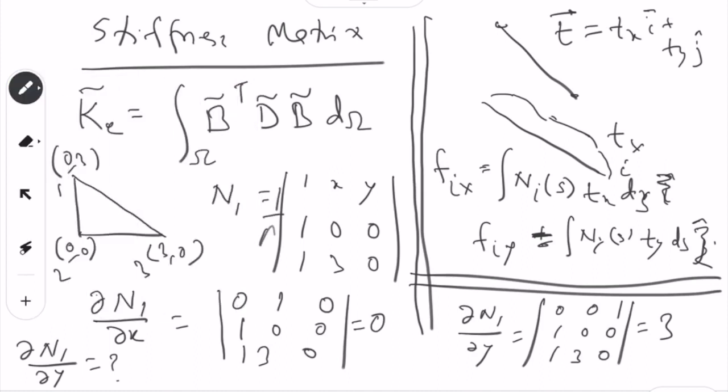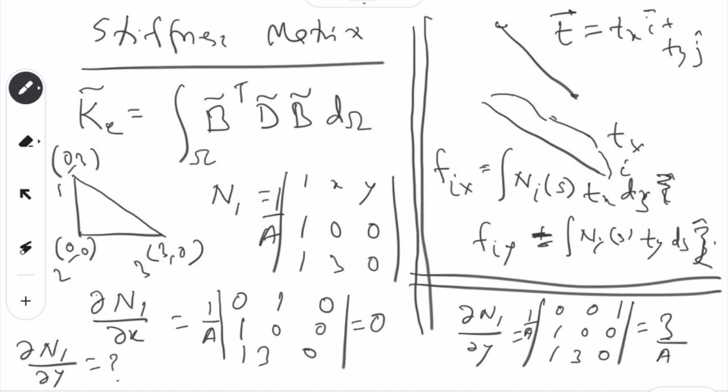N1 divided by area. Okay, so we get 1 over area is equal to 0. This gets 1 over area, and hence 3 over area. Sorry, there will be 2 area, right.